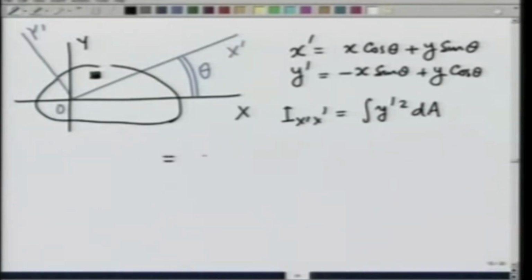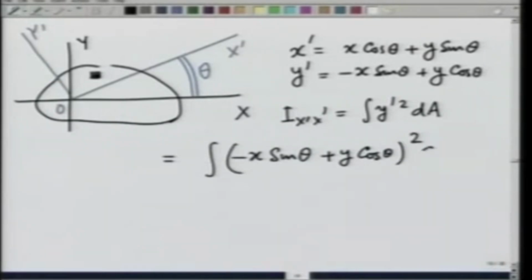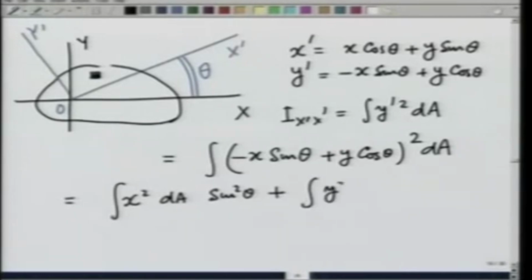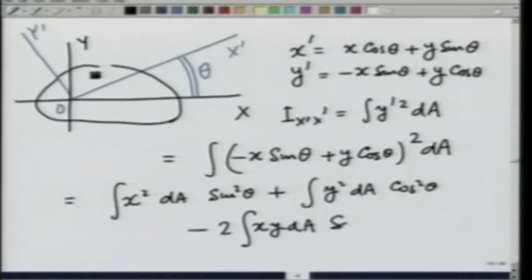Y prime square is going to be equal to integral of minus x sine theta plus y cosine theta squared dA, which I can write as integral x square dA sine square theta plus integral y square dA cosine square theta minus 2 integral xy dA sine theta cosine theta.